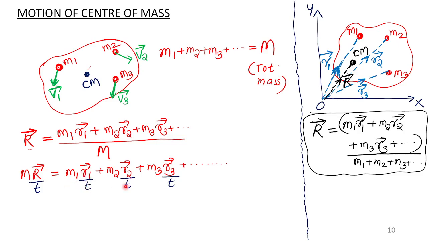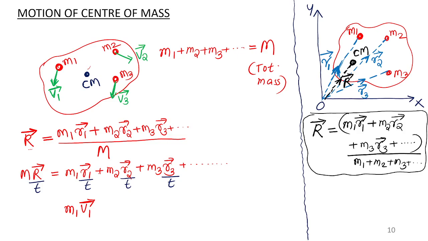So each side divided by t: r1 by t is nothing but the velocity. Displacement by time is velocity. So r1 by t is the velocity of the first body.